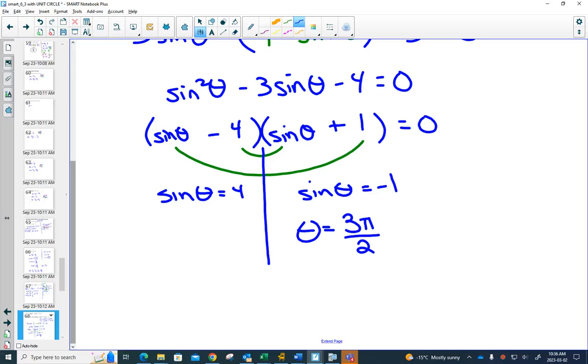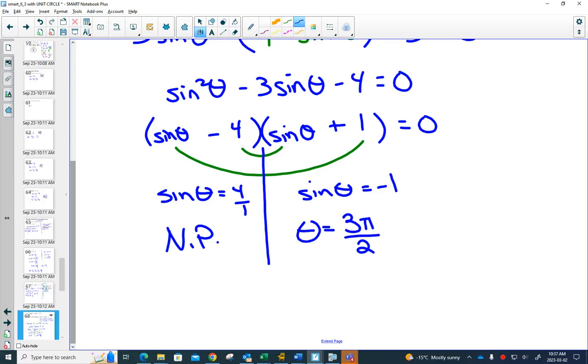And the reason for that is because if sine is opposite over hypotenuse, and I make 4 a fraction, can you draw me a triangle where the opposite side is 4 and the hypotenuse is 1? No. So we can do this without our calculator because we can say that side is not possible because it's impossible to draw a right angled triangle where the opposite side is 4 and the hypotenuse is 1.